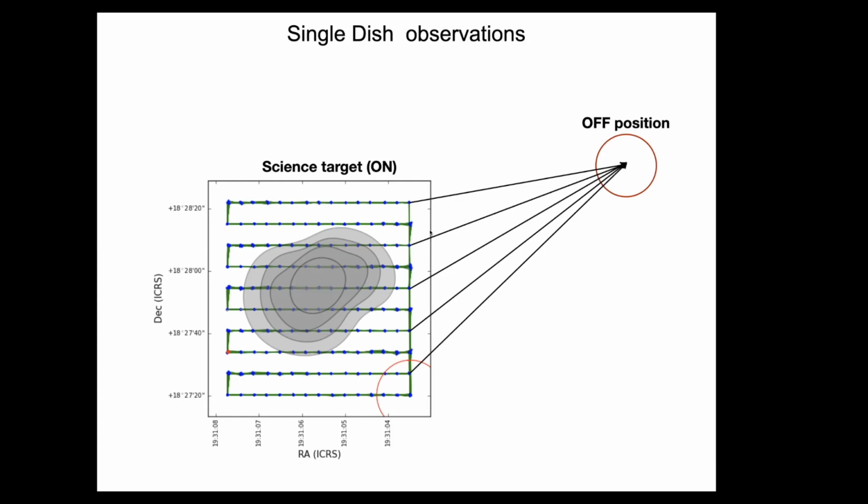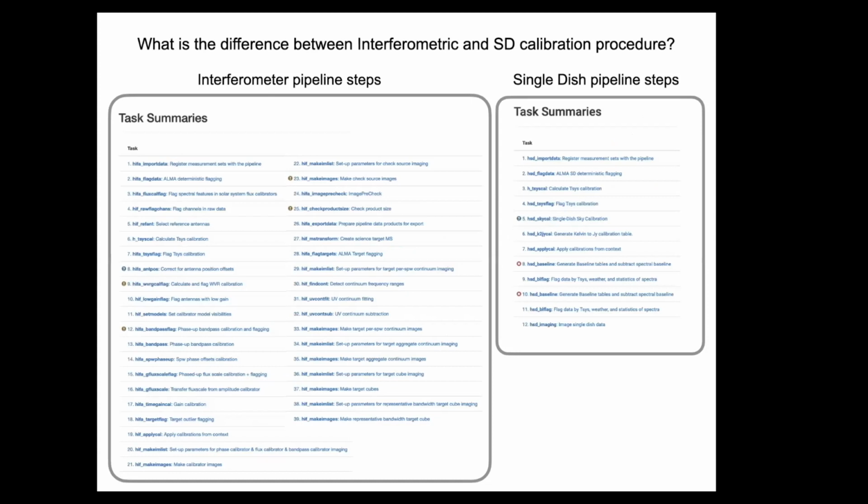But also in the way that the data is analyzed and calibrated and reduced. And I don't expect you to read all the details here, but I just wanted to show how many more steps are necessary, for example, for the interferometric observations and for the single dish.